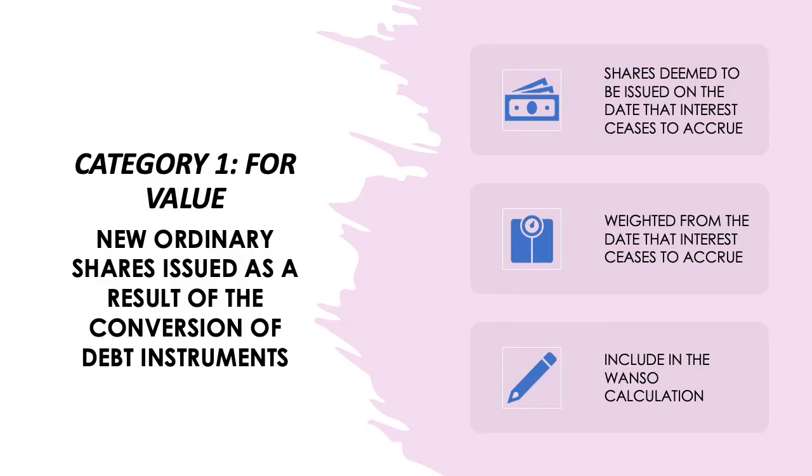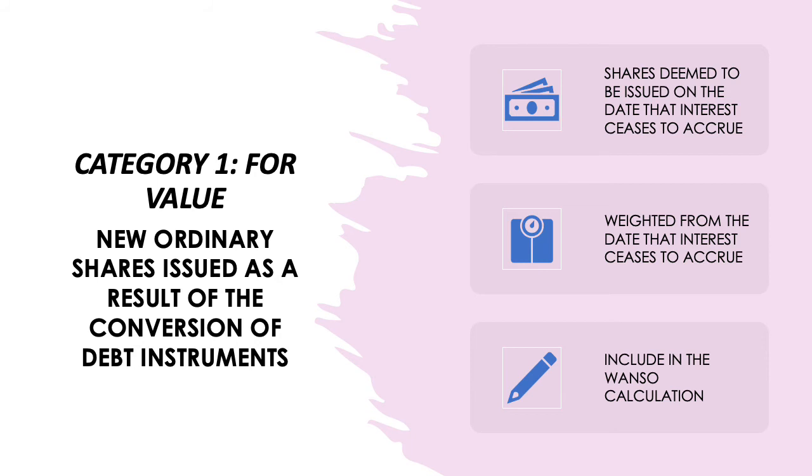The last event in category 1, the for value category, is the fresh issue of ordinary shares as a result of the conversion of debt instruments. Now, when we speak of the conversion of debt instruments, we are generally referring to convertible preference shares or convertible debentures. The shares are always deemed to have been issued on the date that the entity stops accounting for interest in relation to these convertible instruments.